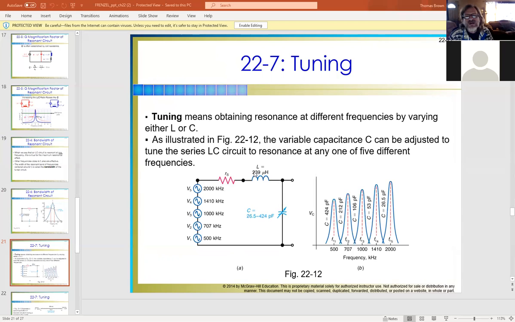We've got our coil, there's the internal resistance factor there, and down here we've got a tunable capacitor, if you will. As we tune the capacitor, we get different center frequencies based on the value of that capacitor. So ideally, we could set this thing for these specific frequencies right here, and we would have a new center frequency for each one. See that?